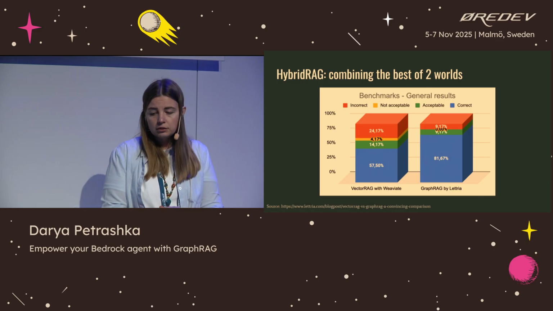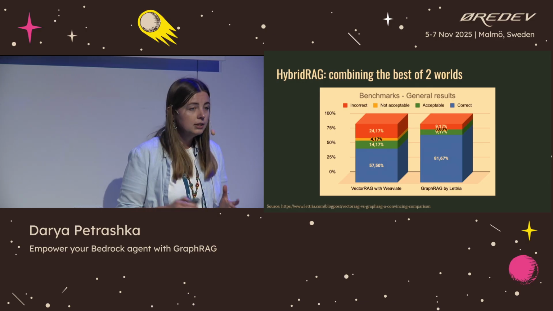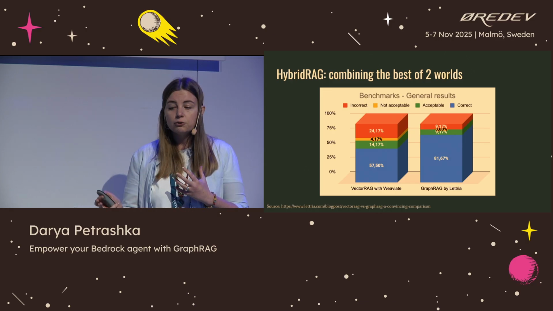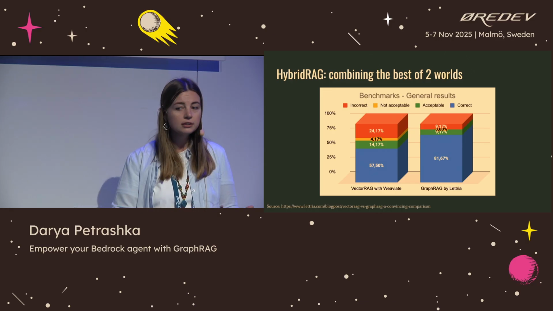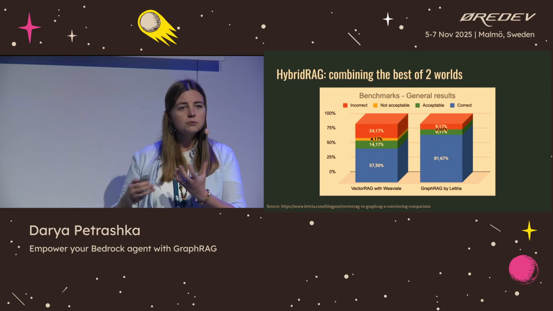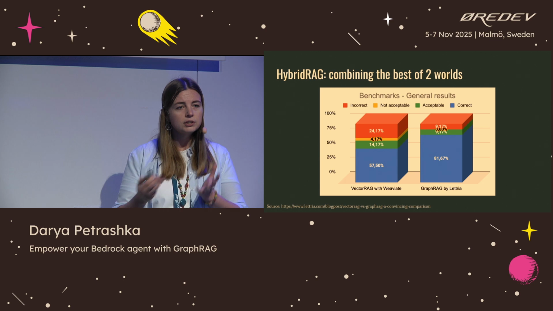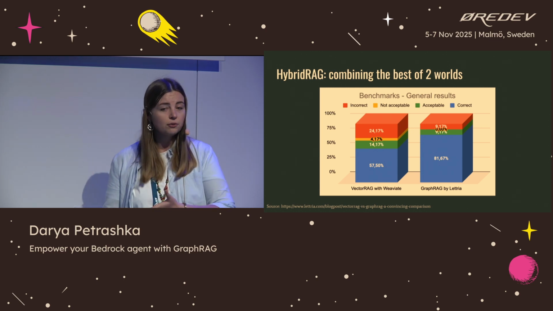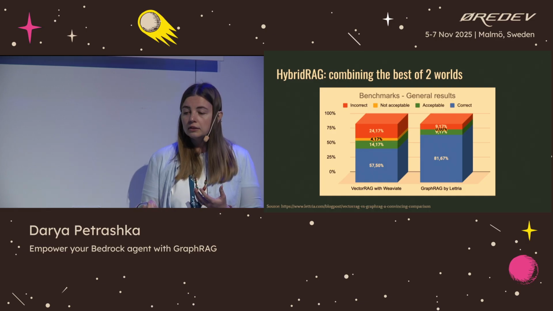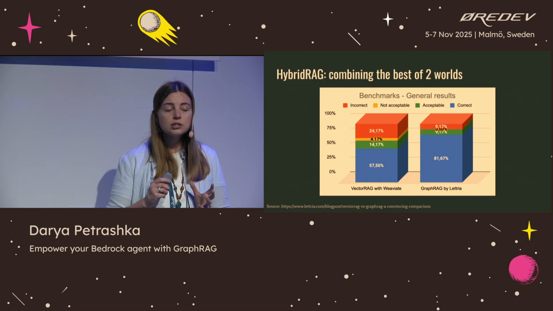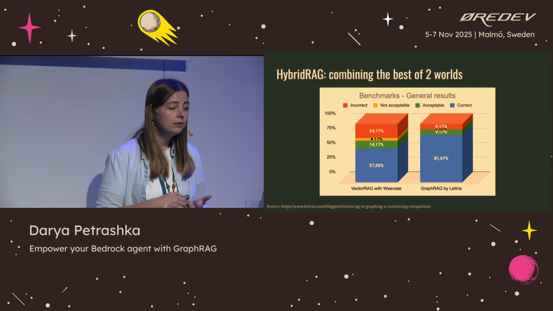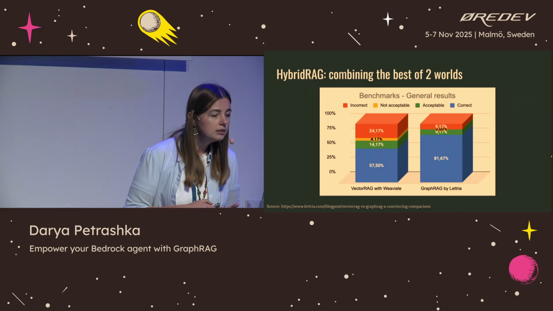A company called Lettria conducted research comparing the accuracy of traditional RAG and what they call GraphRAG here, but indeed it was a hybrid approach, traditional RAG plus GraphRAG. I think they had questions from four domains: healthcare, law, finance, and industry.